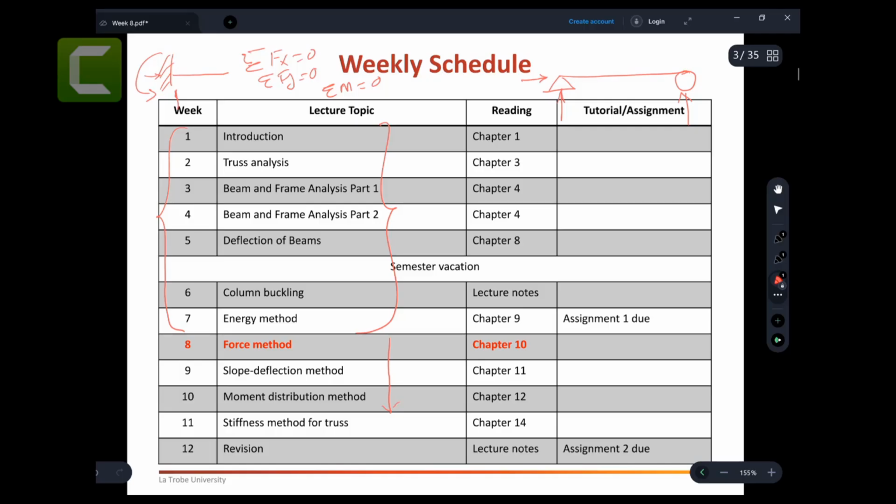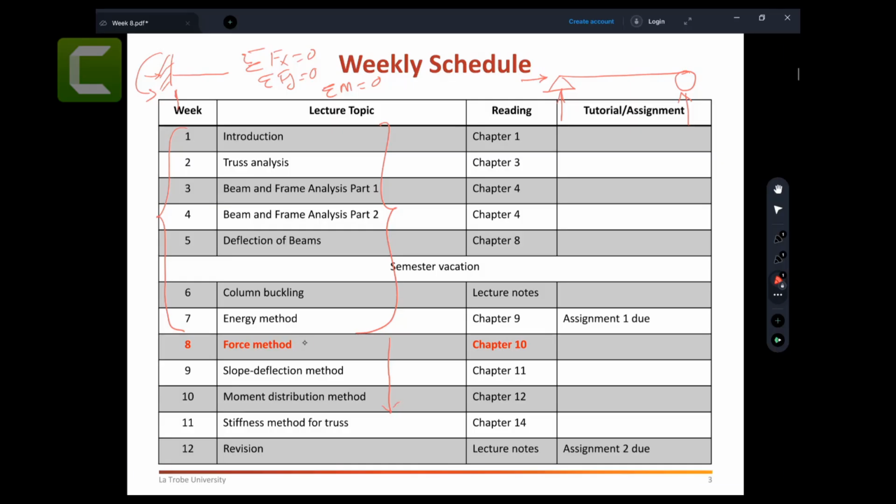There are 3 equilibrium equations and 3 unknowns, meaning mathematically you can find these 3 unknown values, because to find the unknown values you need the respective equilibrium equations. So from week 1 to week 7, the topic was simple. It was a determinate beam, a determinate truss, where the equilibrium equations and unknown values are equal in number, so it was doable.